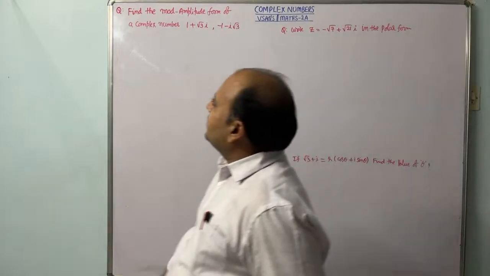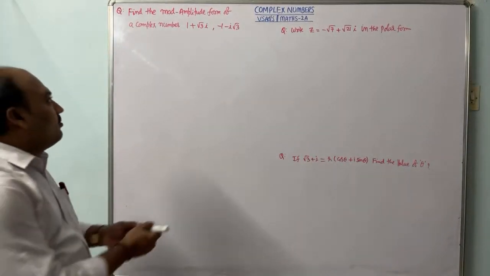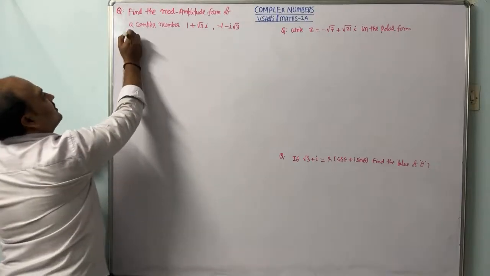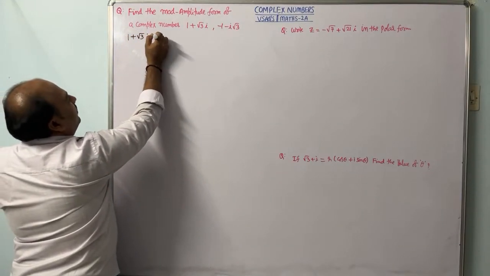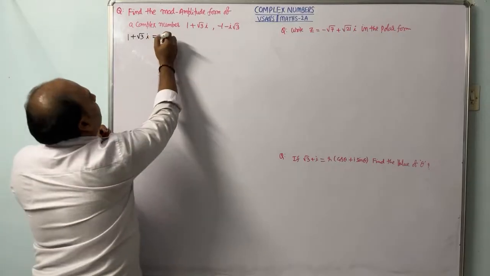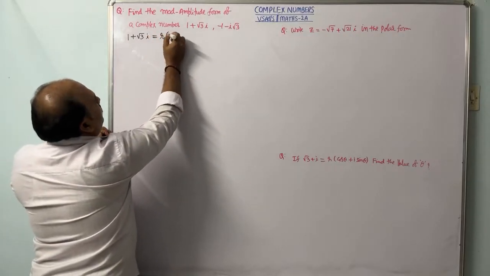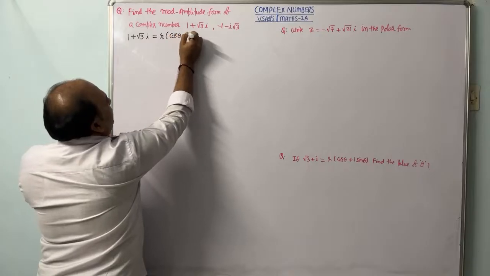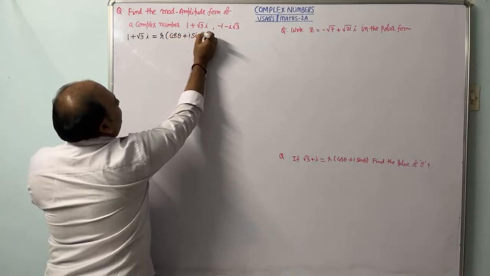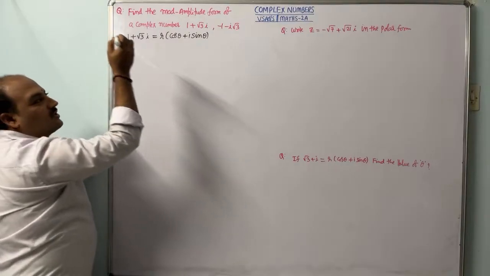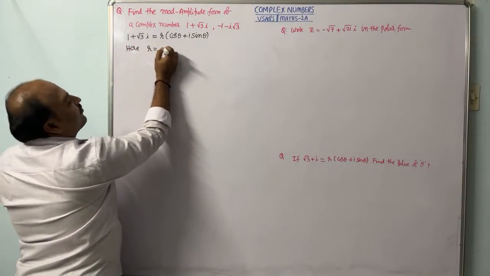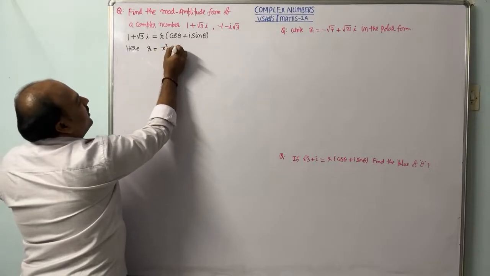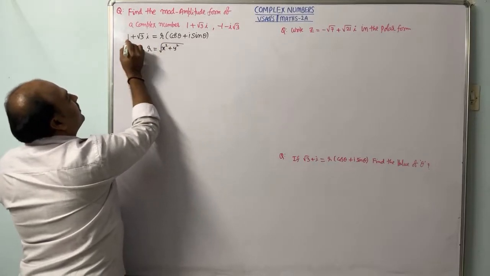So for this question, modulus amplitude form. First, the given complex number 1 plus root 3 i, you write it as r into cos theta plus i sin theta form. What is r? Here r is equal to root over x square plus y square.